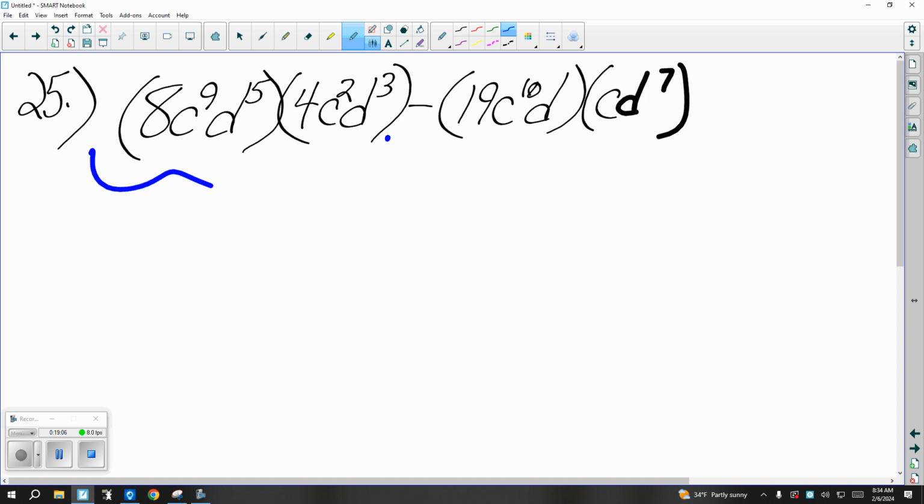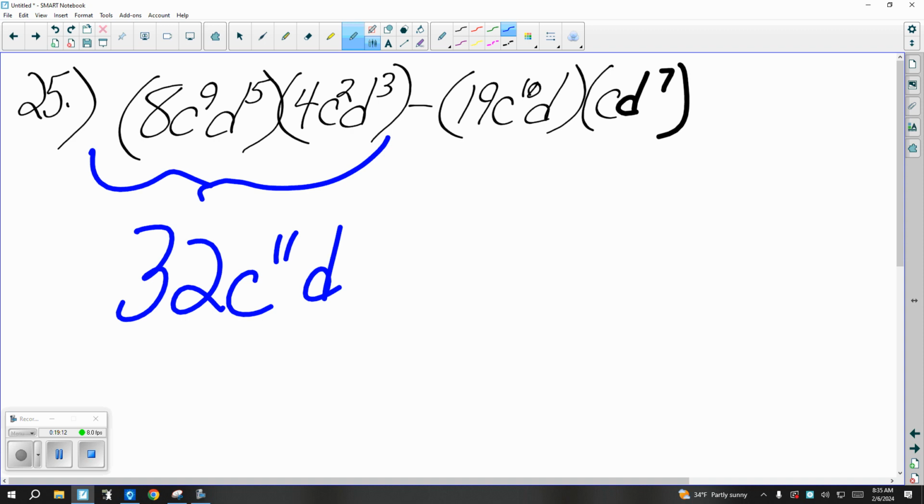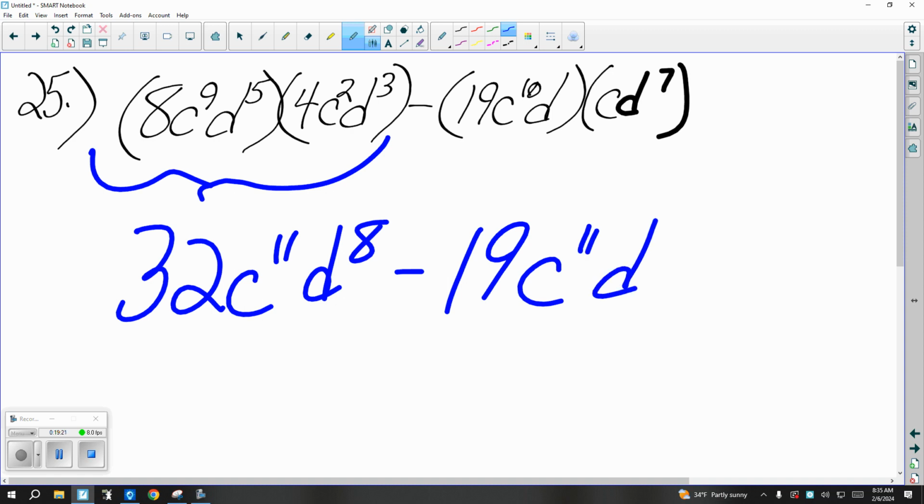All right, 32 C to the 11th D to the 8th, and then minus 19 C to the 11th D to the 8th. Gosh, I got to think on this one. Is that 13? So that's going to be 13 C to the 11th D to the 8th.